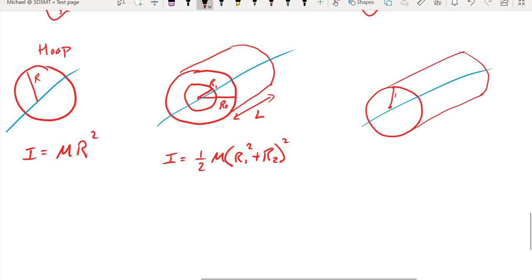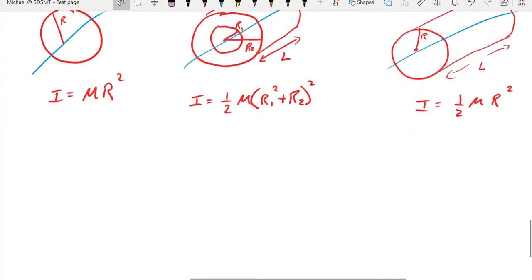Here we'll just have a radius of r, rotating about the central axes, again with a length of L. Let's say that the radius of the solid cylinder is the same as radius 2, and radius 1 was 0 because it's a solid cylinder now. We don't need the inner cylinder. The inertia for the solid cylinder will end up being 1/2 the mass times the radius squared.